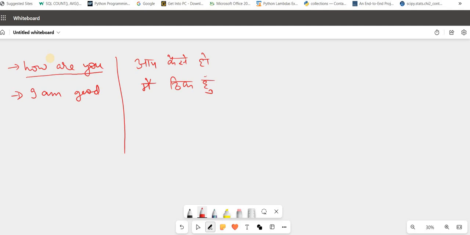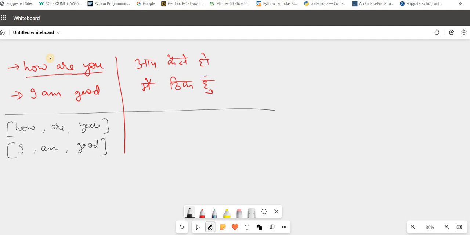First, how will this data set get converted? This one will be like this: "How are you" as tokens, "I am good". Understand it's in quotes, because it's a string. The same will happen with the Hindi here: "आप कैसे हो" and "मैं ठीक हूँ". I am just putting it like this. This one will get converted like this.